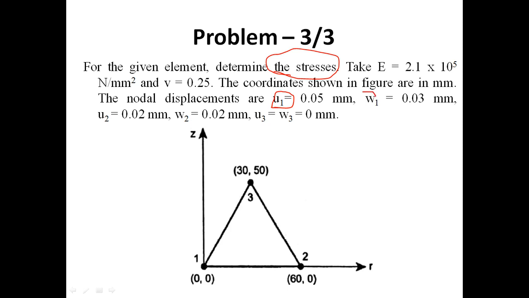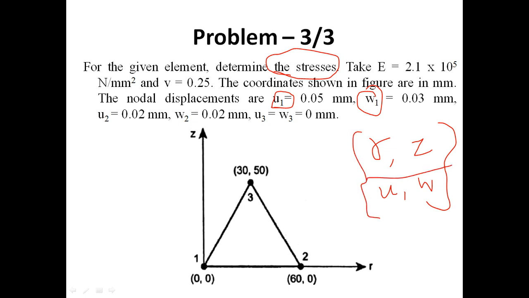So this is a problem, and here we have the Young's modulus as usual and the Poisson's ratio, and they gave the nodal displacements u1 to w3. So we plot all those and we will get the diagram. And now list out all the given data, R1 to Z3, and nodal displacements u1 to w3, in terms of Young's modulus and the Poisson's ratio, and what is to be found.